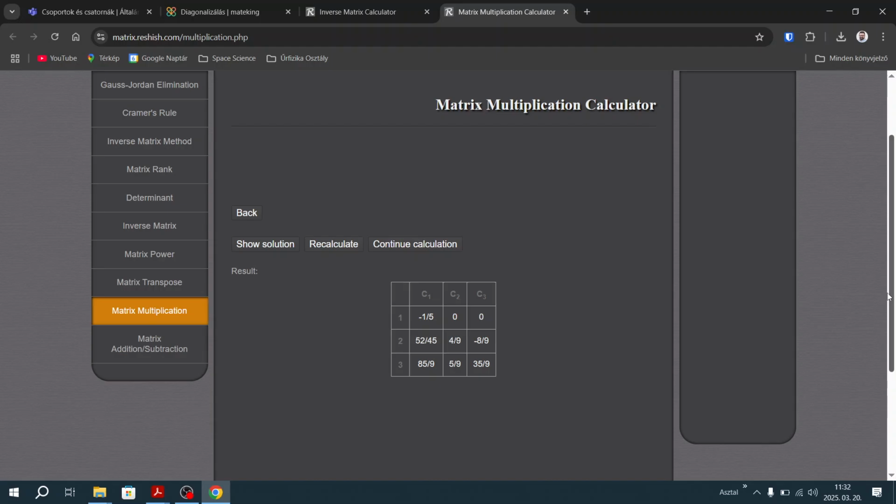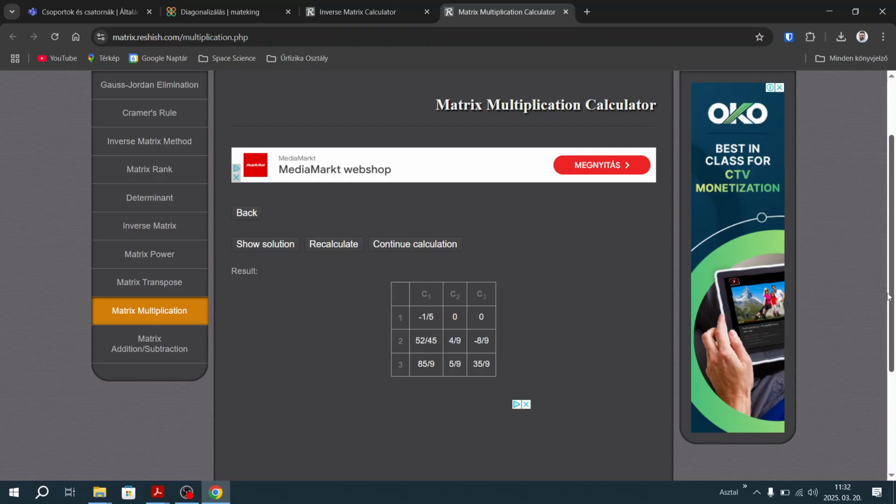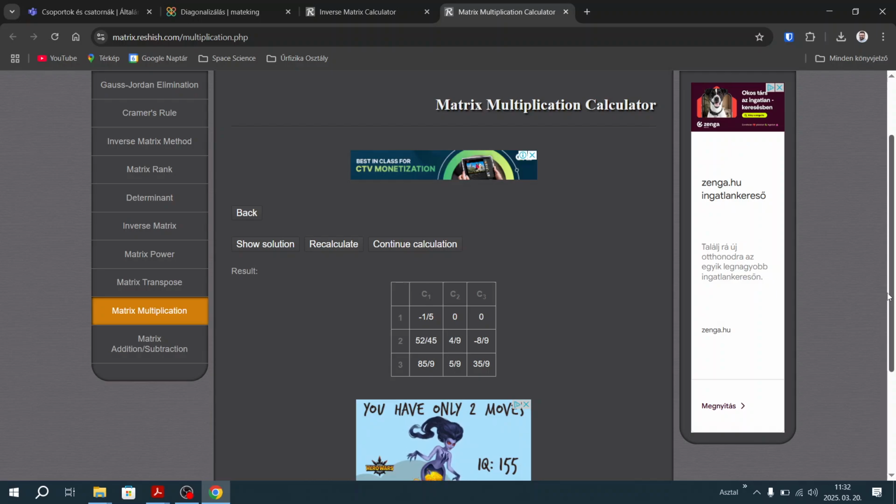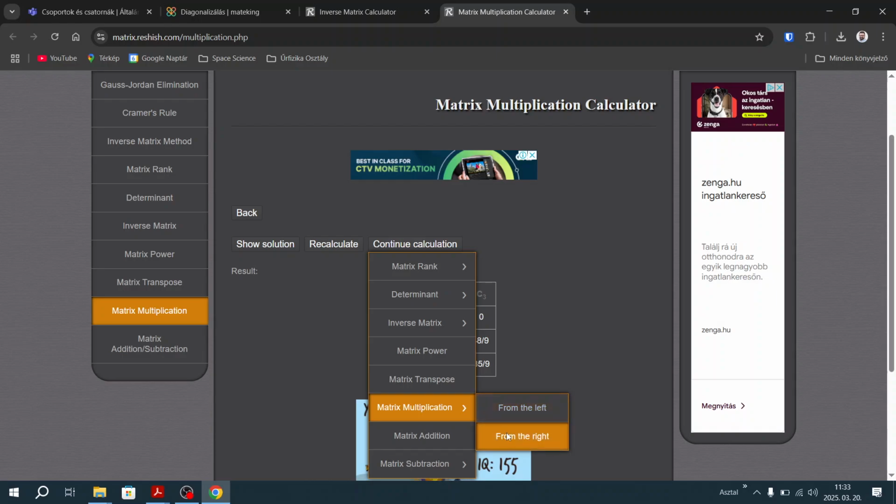Okay, continue the calculation from the right.